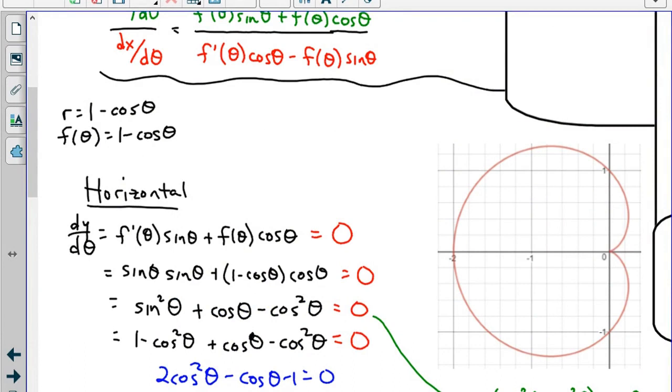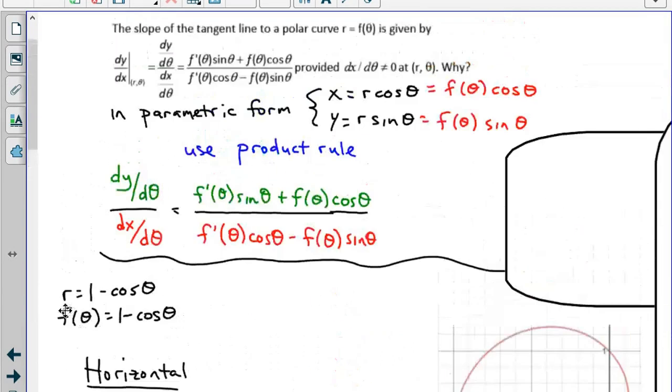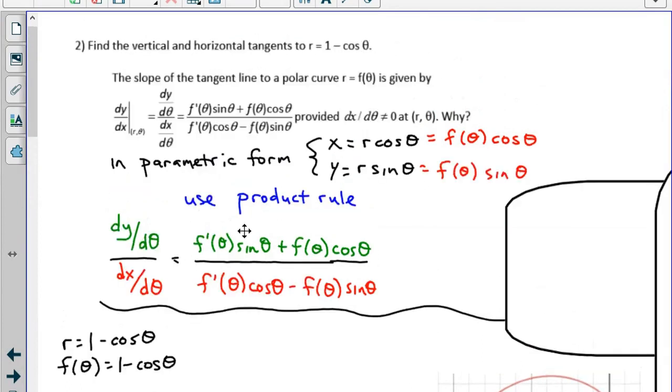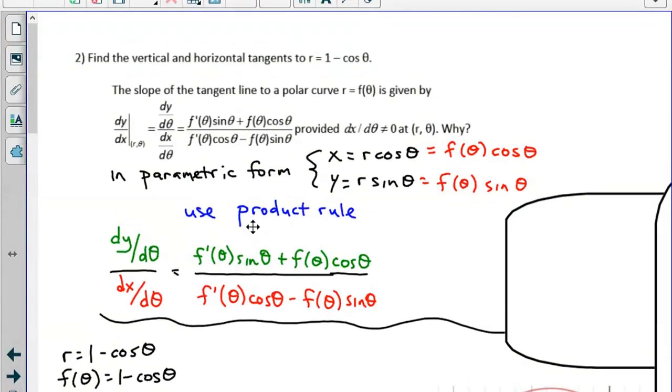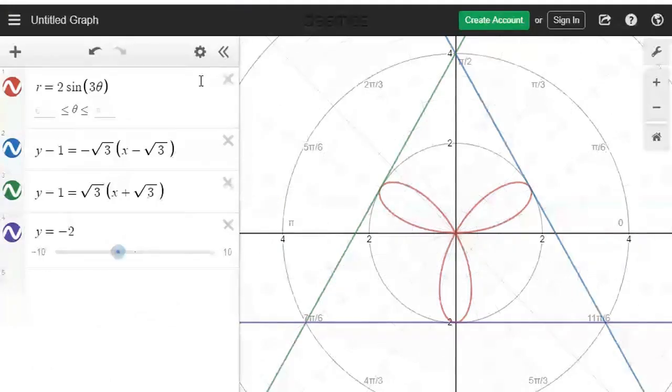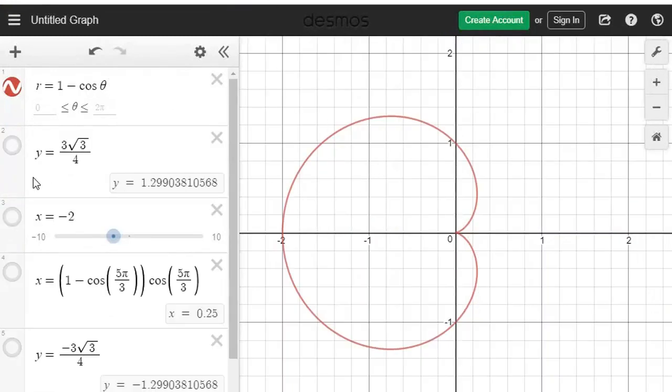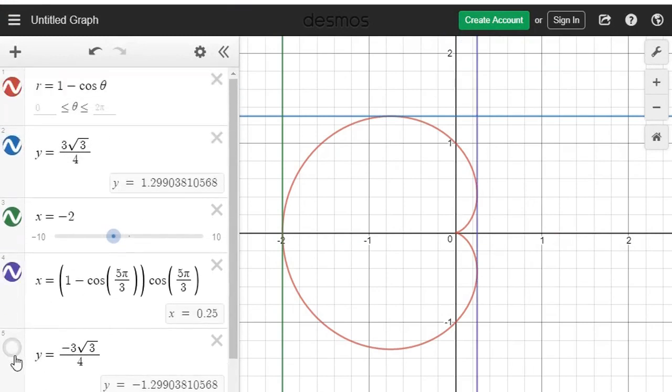And when we have a cusp, something weird happens, which, if we're looking at dy dx, which is dy d theta over dx d theta, we got 0 over 0. That's kind of caused some chaos. So that means that it may not necessarily be a vertical tangent line, and in this case, it ended up being a cusp. So if we look at the graph, I'm actually going to plot all of our tangent lines there.